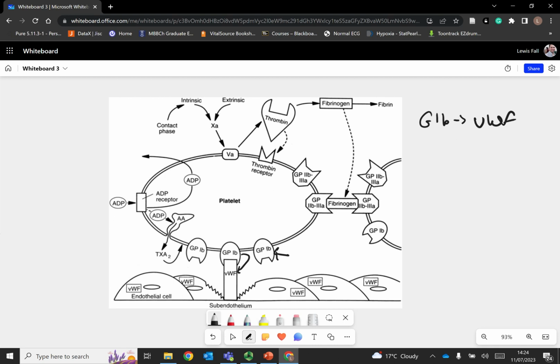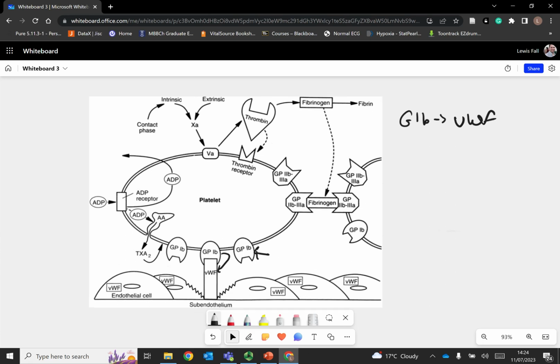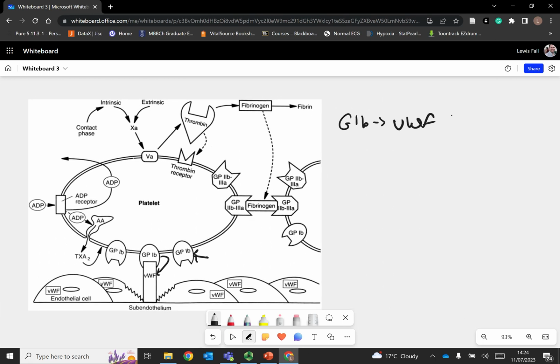and there's an added detail that we can put in here, and that is where on the von Willebrand factor does it bind. And it binds, if we remember, on the A1 domain. The other one that we've got to think about is this one here, glycoprotein 2b3a.